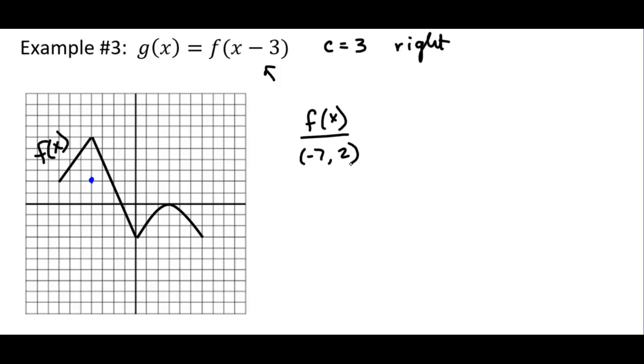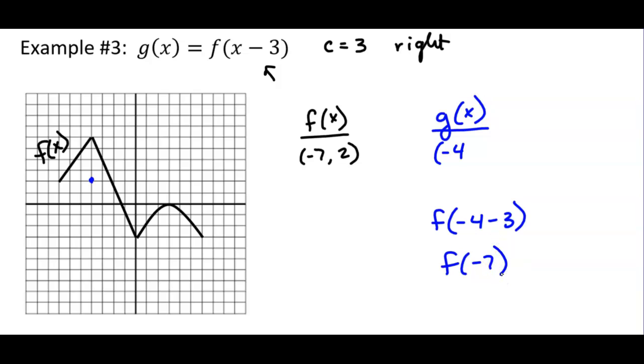But in my g of x, if I want an input of -7 so I can match it to the output of 2, then I have to put in a -4. Then when I plug it in, I would have f of -4 minus 3, which would be f of -7, and we know that's 2. So that's why it's working that way.